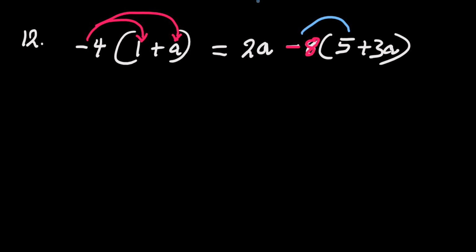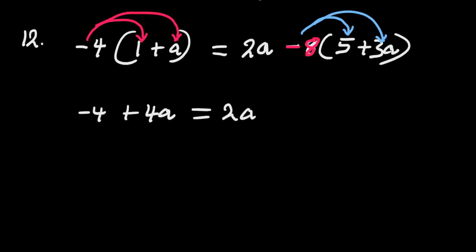Use that to multiply each term of the parentheses. So negative 4 times 1 is negative 4. And negative 4 times a is plus 4a. And this is equals to 2a.